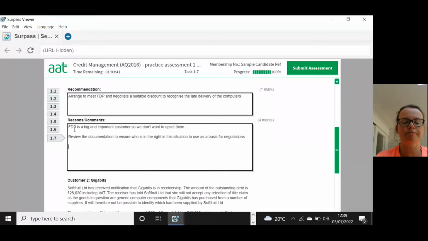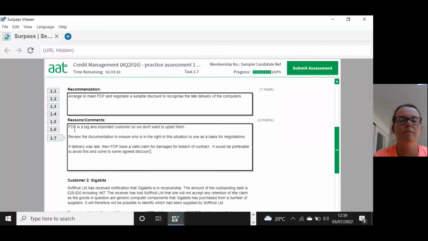So if delivery was late, then FDP have a valid claim for damages for breach of contract. It would be preferable to avoid this and come to some agreed discount.